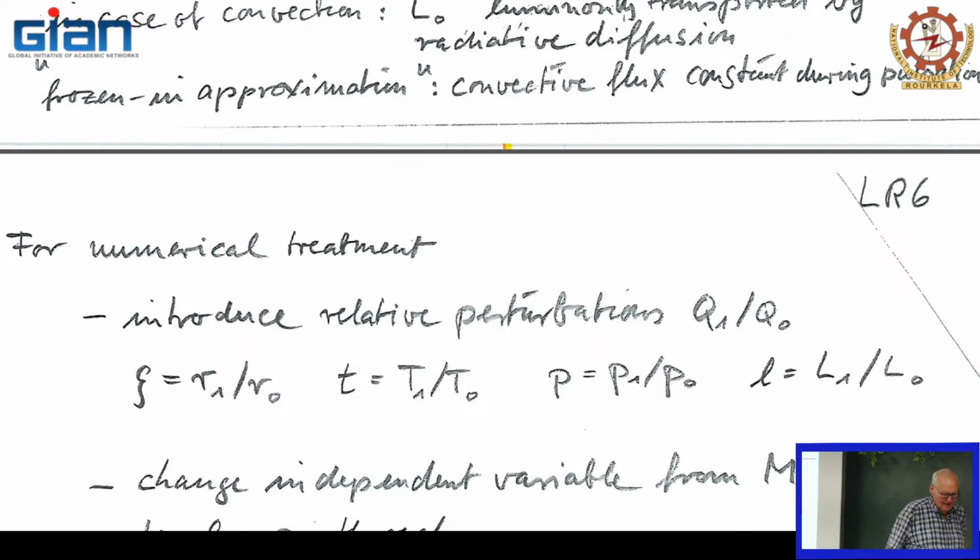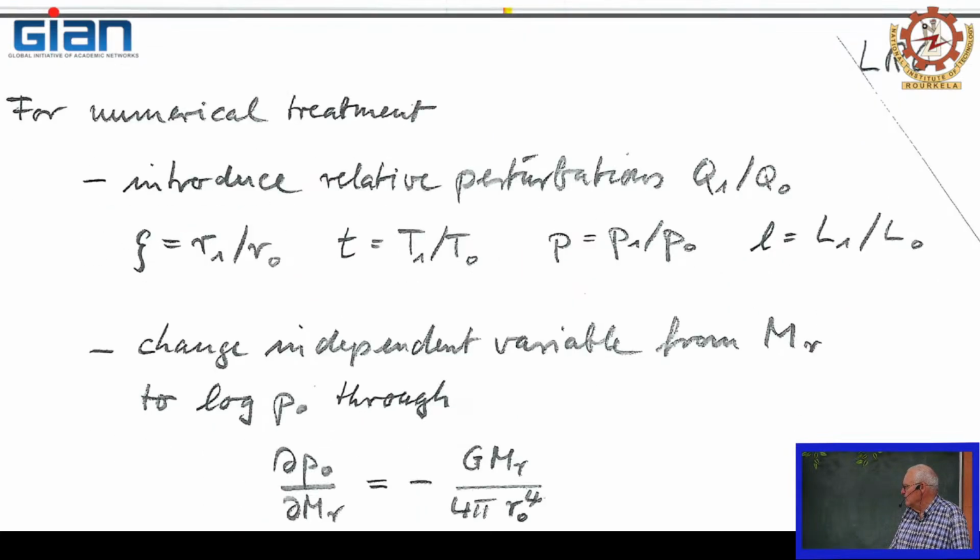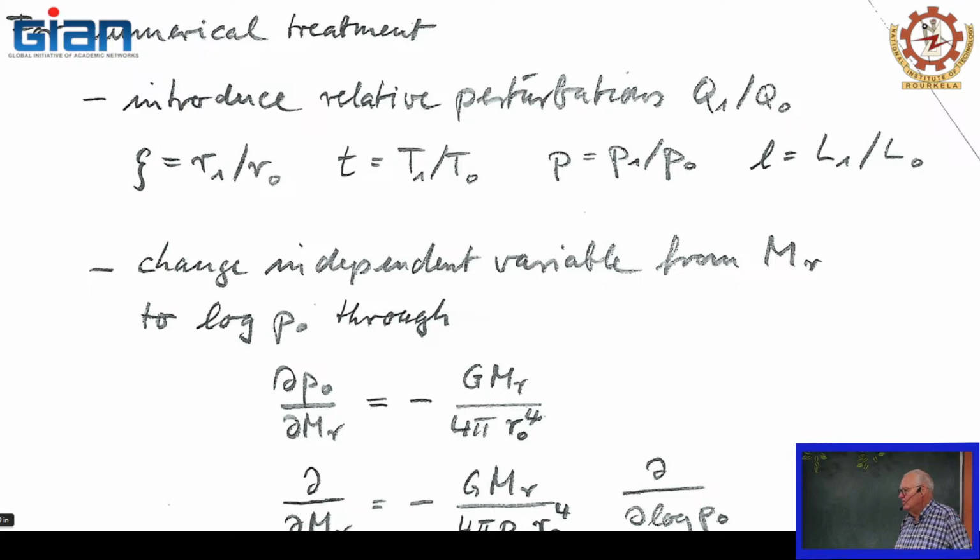Then to gain maximum resolution, we usually take as an independent variable not the mass m_r, but log P0. Why is that done? Well, in the outer stellar envelope there is usually not much mass, but the pressure varies by several orders of magnitude.